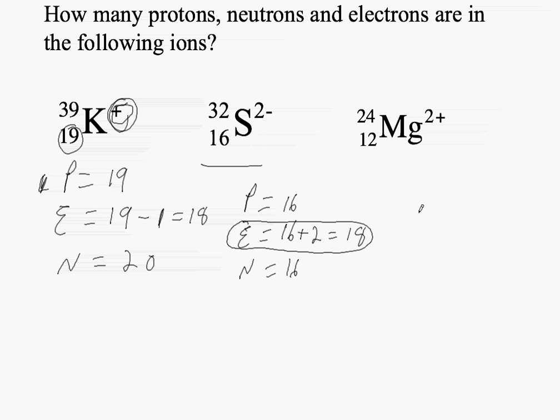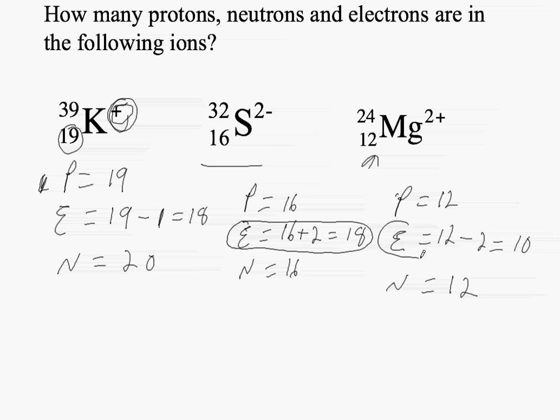Let's take a look at magnesium. The number of protons we're going to have here is 12. The number of electrons is going to be 12 minus 2, which is going to give us 10. And the number of neutrons is going to be 24 minus 12, which is 12.